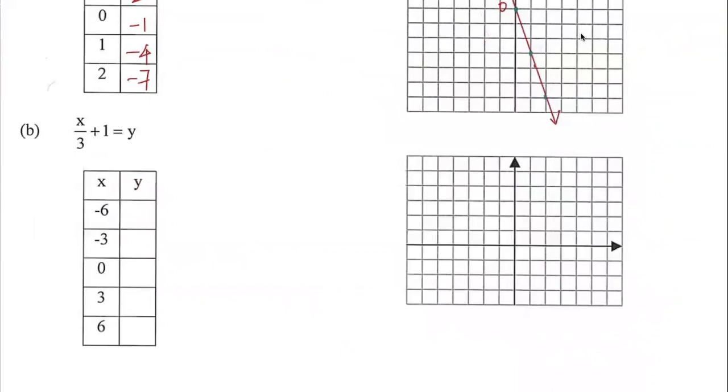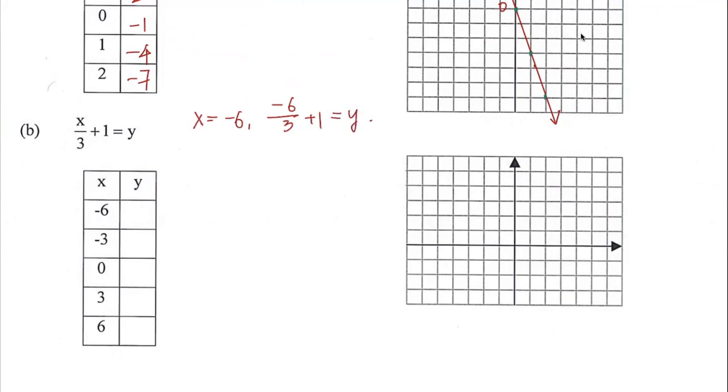Question number B, sorry, part B. x over 3 plus 1 is equal to y. So when x is equal to minus 6, let me give you an example. Minus 6 over 3 plus 1 is equal to y.